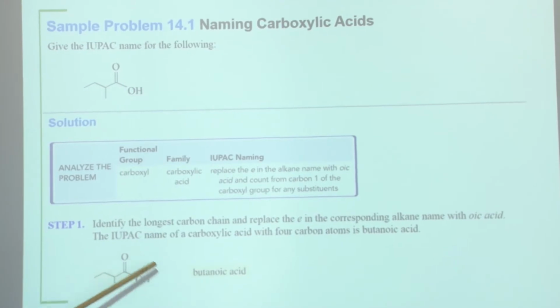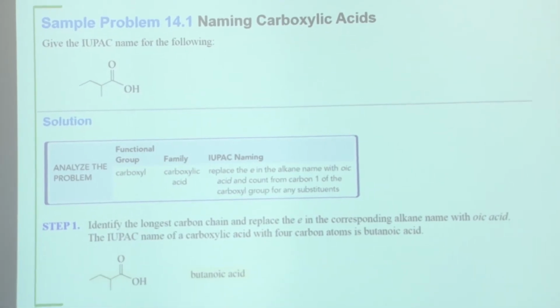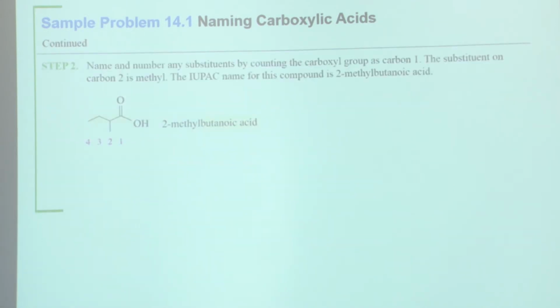Okay. Identify the longest chain, replace the E with oic acid. So we have butanoic acid. Start numbering the carbons, starting with the carboxylic carbon, 1, 2, 2 methyl butanoic acid.